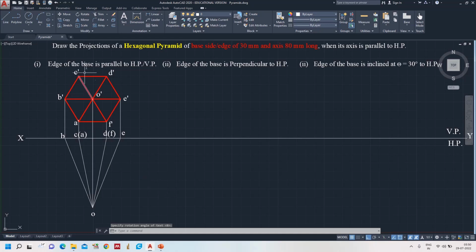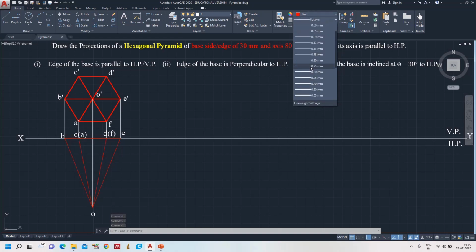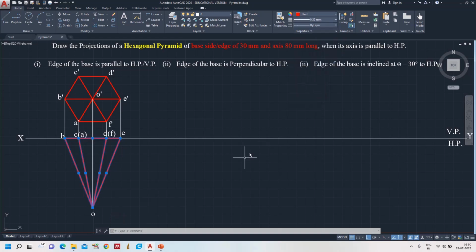So as I said, when you see from the top, BO is clearly visible, CO is clearly visible, DO is clearly visible, EO is also clearly visible. Perfect.